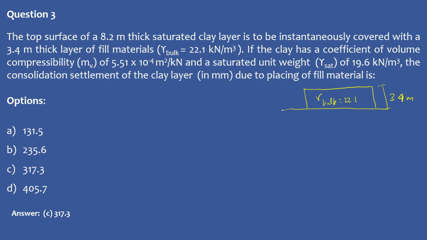This particular clay medium has a coefficient of volume compressibility given as 5.51 into 10 to the power minus 4 meter square per kilonewton, and the gamma saturated weight of this ground is 19.6 kilonewton per meter cube.